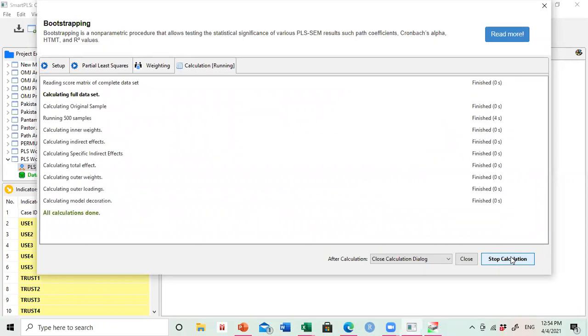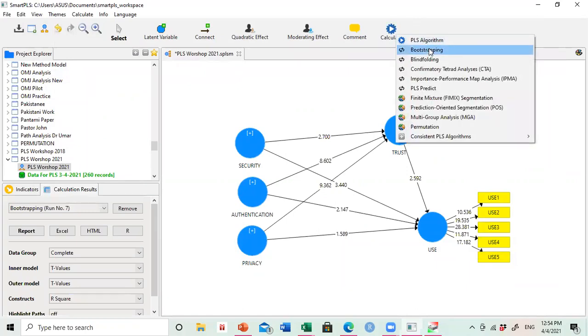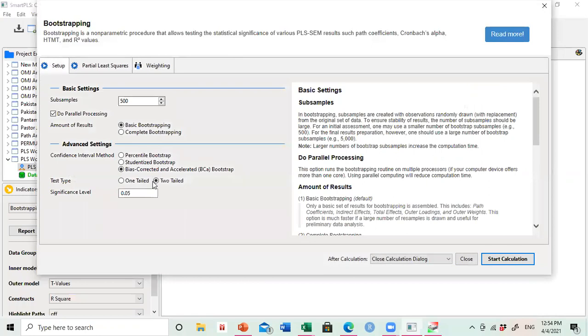Please take that again, sir. We pick two-tail for this bootstrapping. When you are running for mediation, you use two-tail. When you are running for moderation, one-tail. When you are running for direct relationship, it depends on how you state your hypothesis.